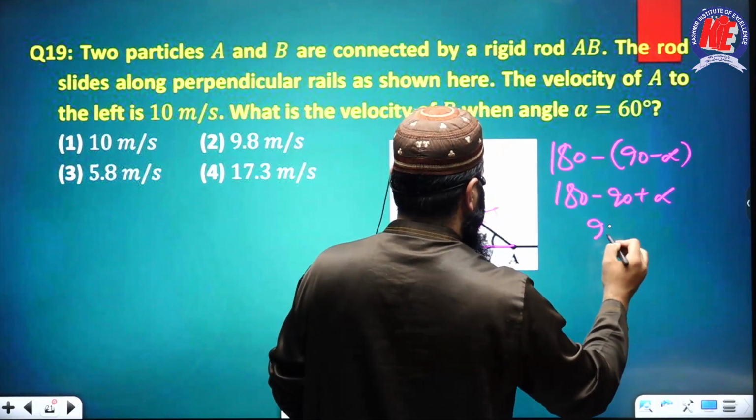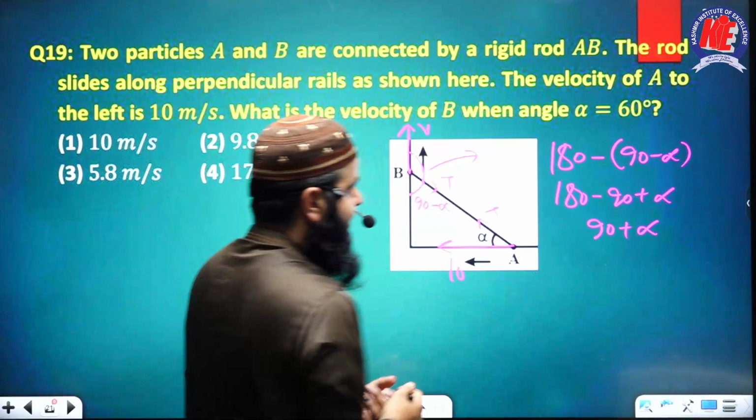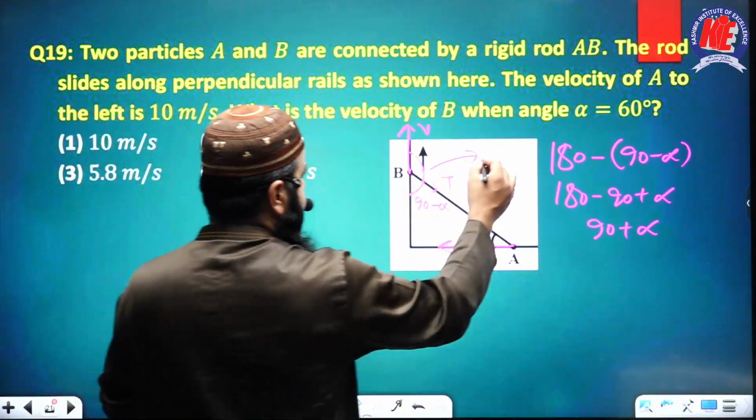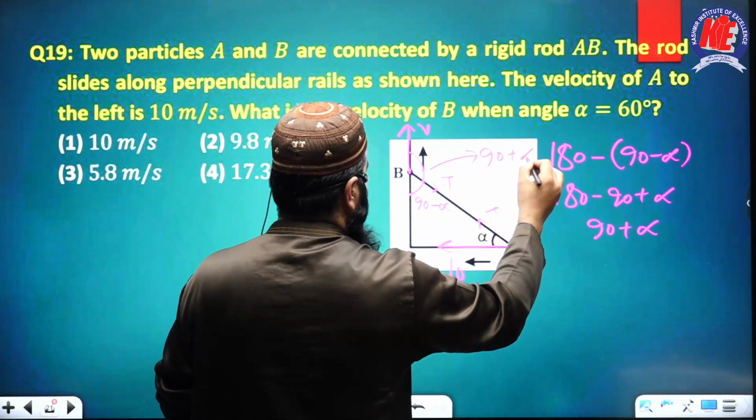So that will be the 90 plus alpha. 180 minus 90 is 90. 90 plus alpha. ये वाला एंगल होगा आपका 90 plus alpha. Have a look.